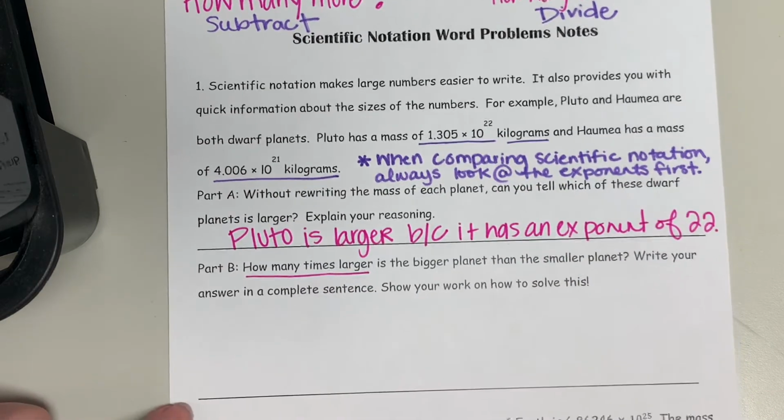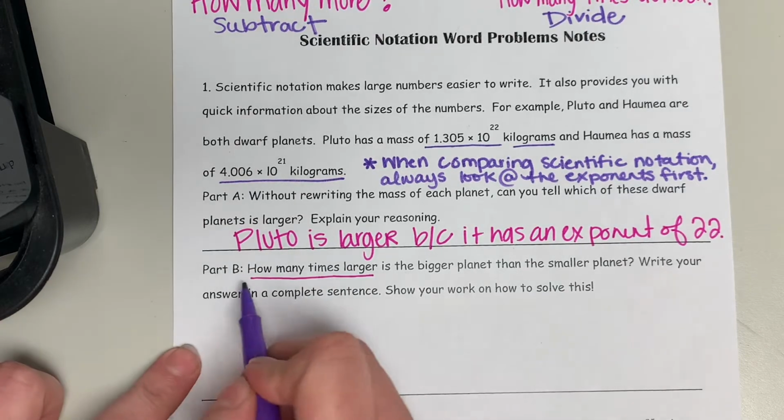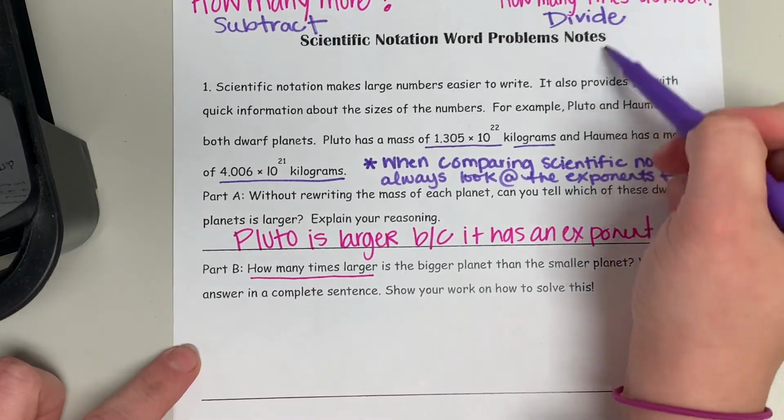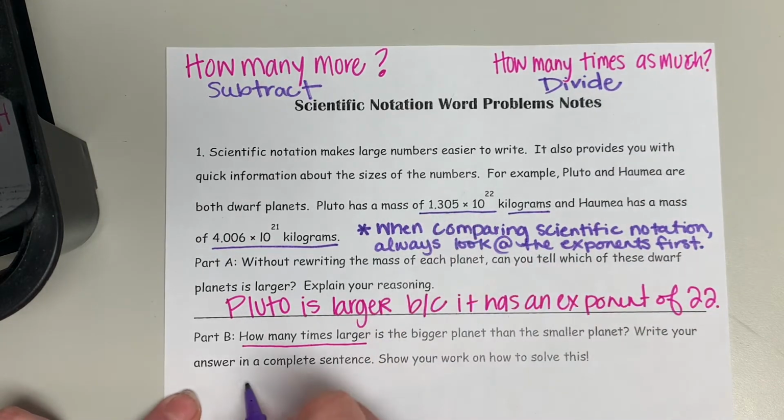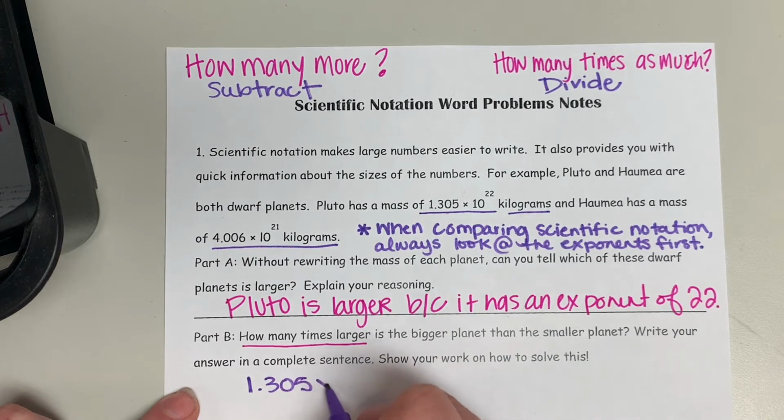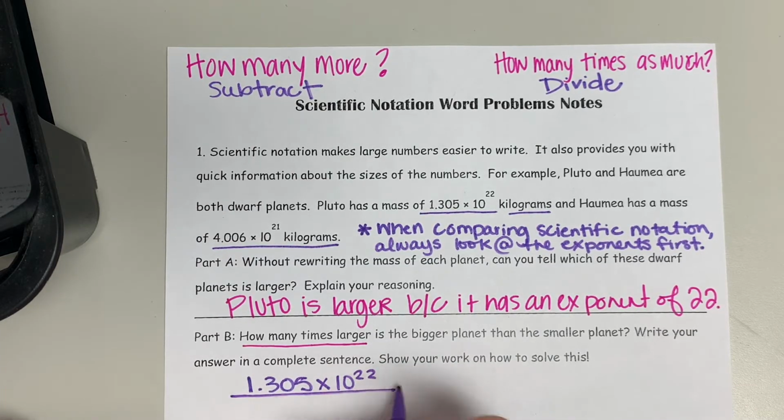So you're going to actually have to set this up. How many times? That means to divide. We wrote that at the top. So I'm going to write out the first planet, divide that by the smaller planet.